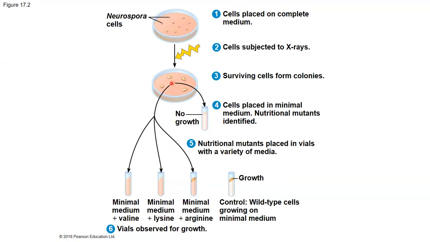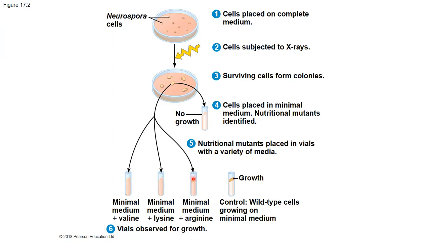And in this example, the Neurospora cells in this colony were unable to grow on minimal media plus valine, minimal media plus lysine, but they were able to grow in minimal media plus arginine.